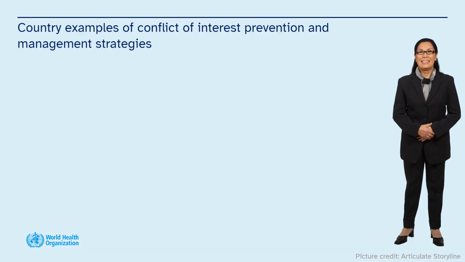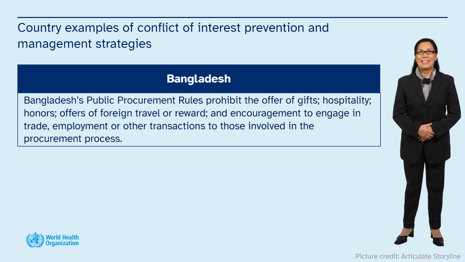Take a look at some country examples of conflict of interest prevention and management strategies. Bangladesh's public procurement rules prohibit the offer of gifts, hospitality, honors, offers of foreign travel or reward, and encouragement to engage in trade, employment, or other transactions, to those involved in the procurement process.